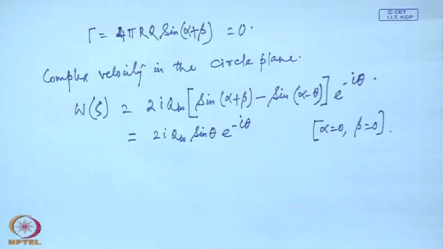We are not interested in velocity at all the points, we are interested only in velocity at the 3/4 chord point, which corresponds to theta equal to pi by 3. So, at that point what will be the complex velocity on the circle plane?